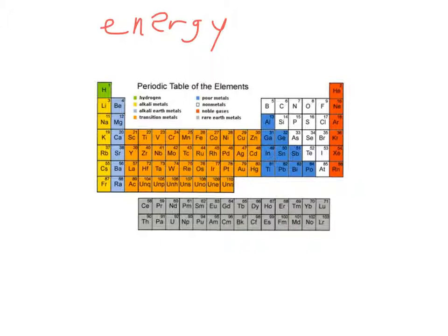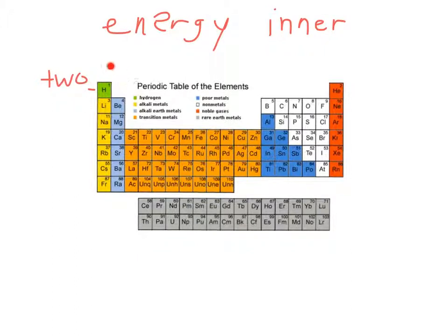Energy level 1, so this first one right here, can hold 2 electrons. Every energy level after that can hold 8 outer electrons. Any extra electrons are filling an inner energy level.